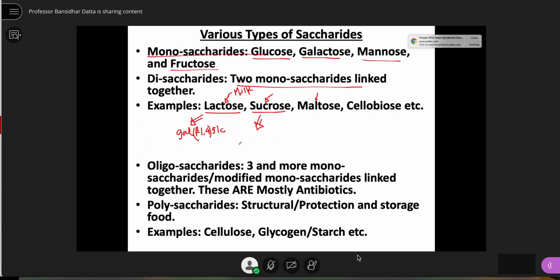The fourth carbon is linked with galactose. First carbon, second carbon, third carbon, and the fourth carbon. So the fourth carbon of glucose is linked with carbon number 1 of galactose via beta linkage.